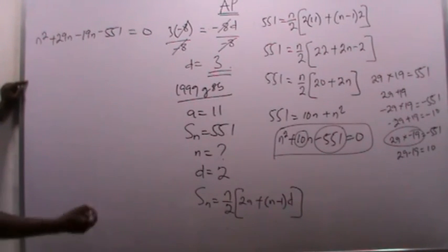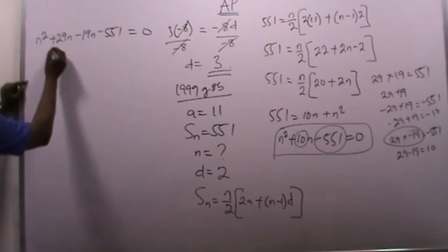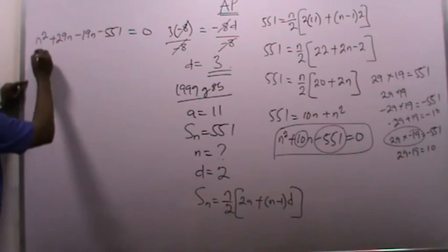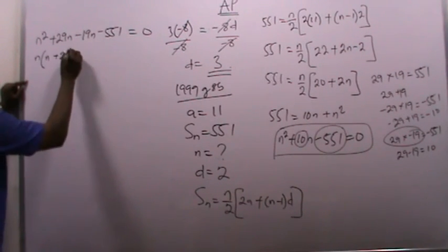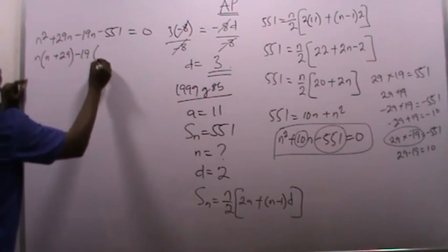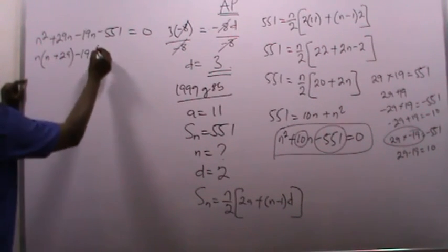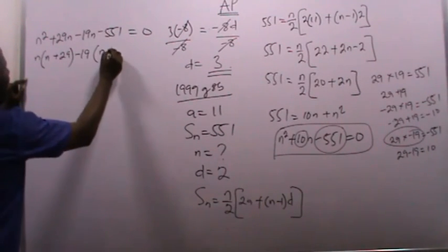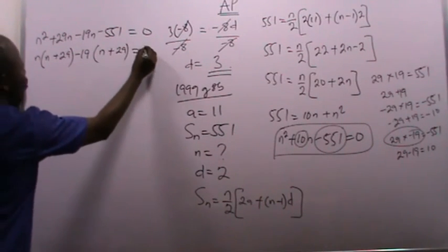Then I can now factorize. What is common between this and this? n. So you have n in n squared, n in 29n. Then what is common between these two? Minus 19. Minus 19 in minus 19n, minus 19 in minus 551, that is plus 29, equals 0.